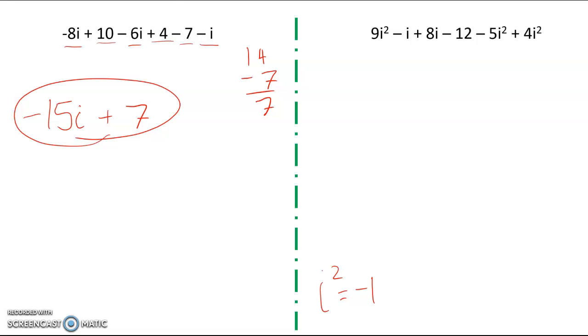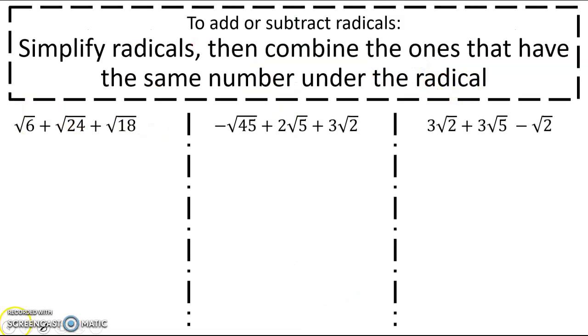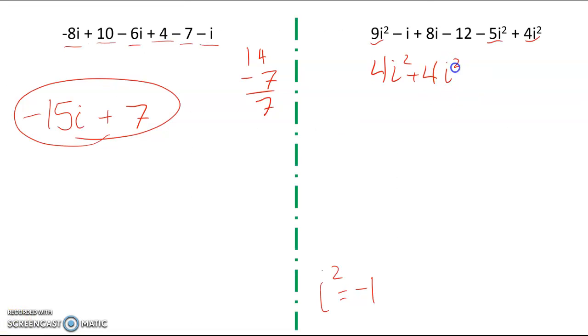I'm going to go ahead and simplify from what we have already. So combine your like terms just as we would do with x's or x squareds. We're just going to combine all the i values with the same exponents. So I'm going to combine my i squareds. My 9i squared minus 5i squared gets me 4i squared, plus 4i squared to get me 8i squared.